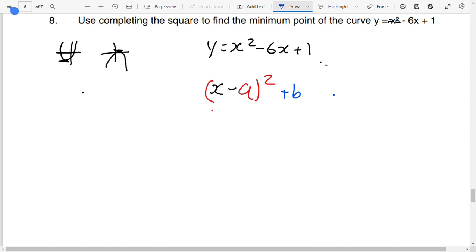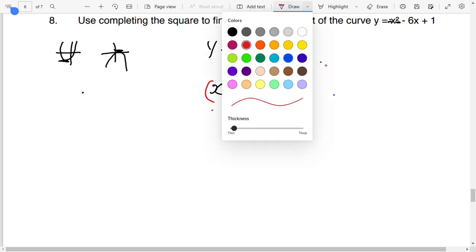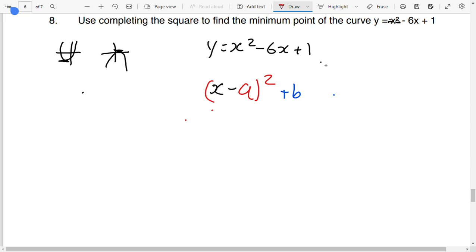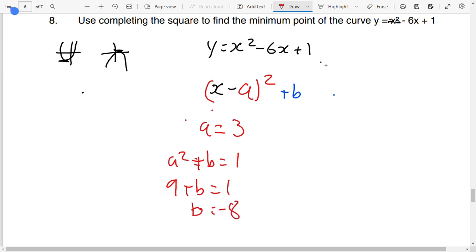So we know a is going to be 3, a equals 3, and then a squared plus b equals 1. So it's going to be 9 plus b equals 1, b is going to equal minus 8.